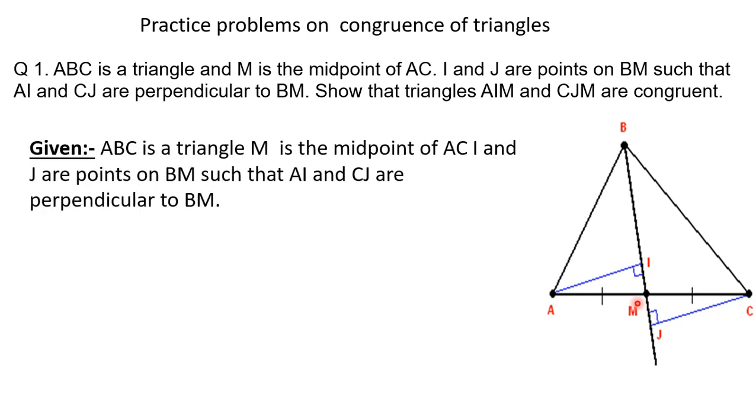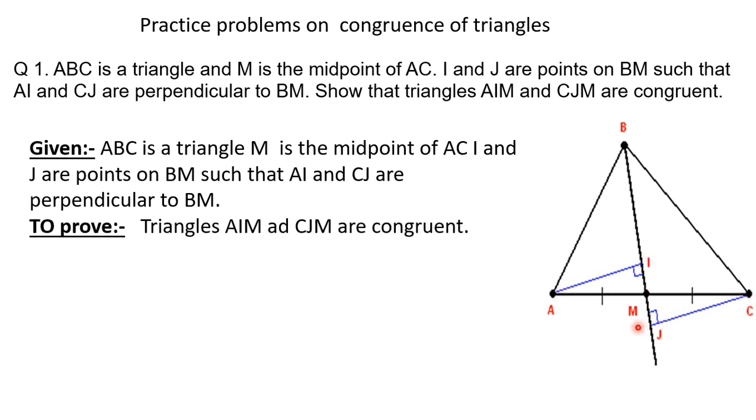So as it is given, ABC is a triangle, M is the midpoint of AC, I and J are points on BM such that AI and CJ are perpendiculars. We have to prove triangle AIM and triangle CJM are congruent.